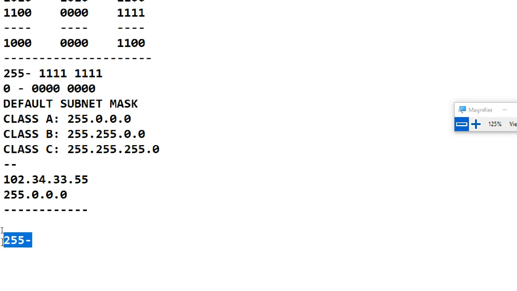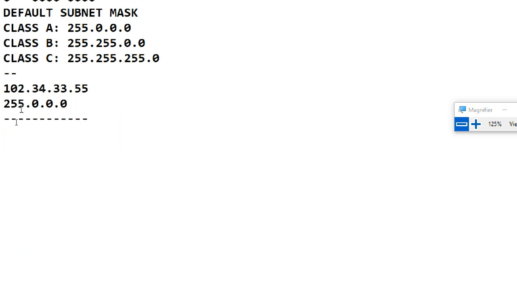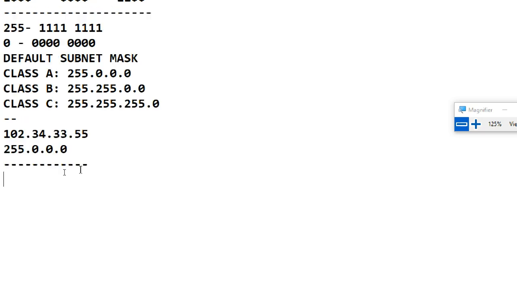To make it easy, I will tell you a very simple technique. You have to convert 102 to binary, 55 to binary, 255 to binary, and do the ANDing operation. If all are ones, it is a repetition of the number, so it becomes 102 only. Zero means all zeros.